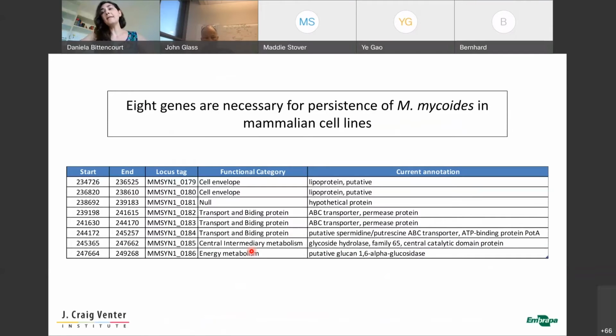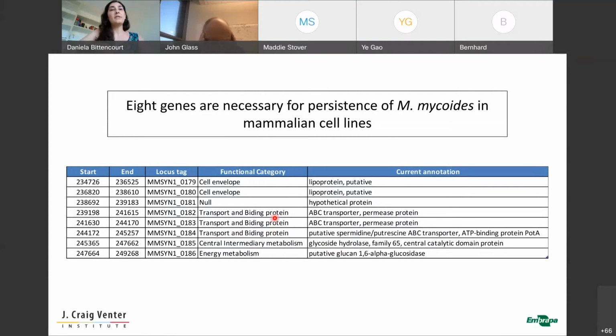The difference between JCVI-Syn1 and Syn1F, as I was saying, was these 8 genes. Interestingly, two of the genes we identified are lipoproteins, which are well known to have a specific function in interactions between mycoplasmas and eukaryotic cells, and also ABC transporters and other genes involved in cell metabolism.